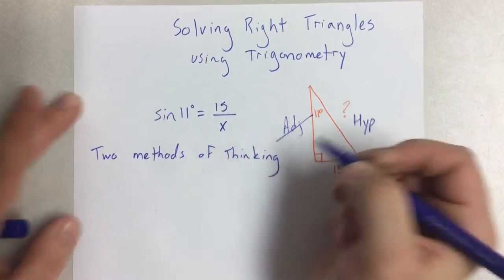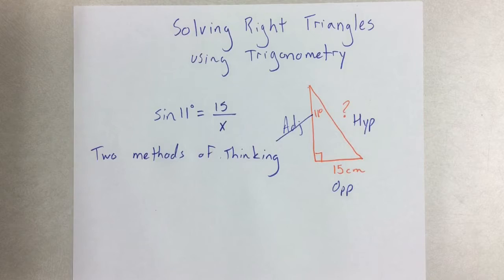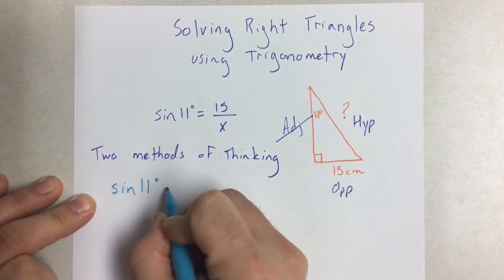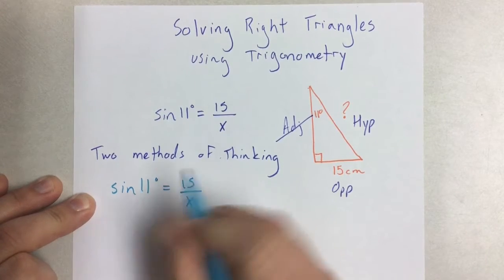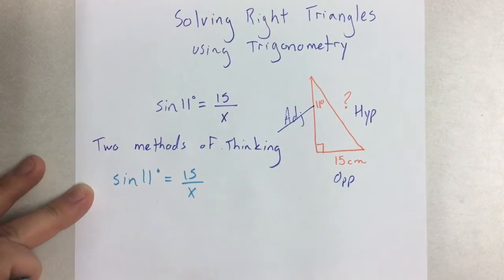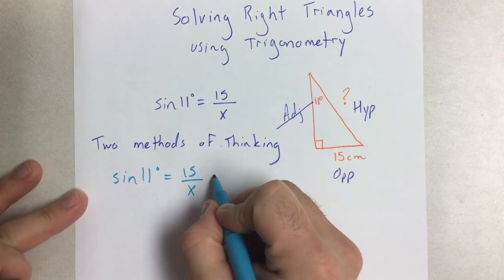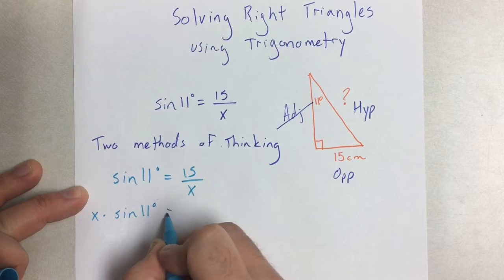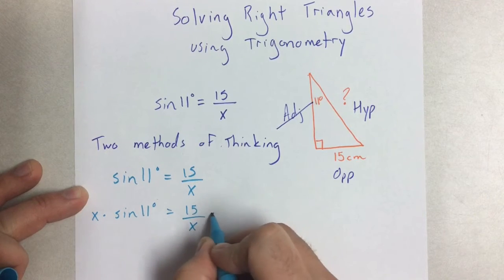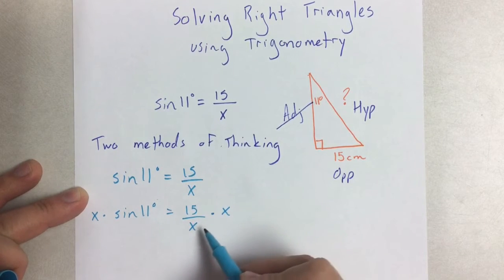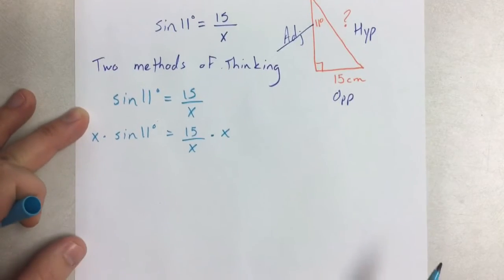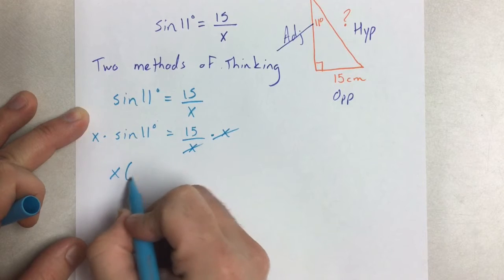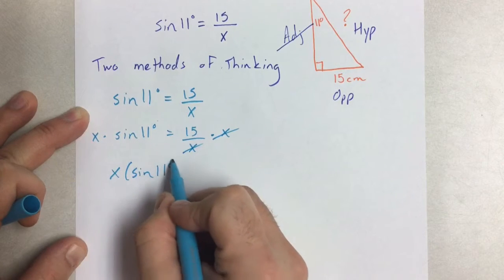Okay. So the first way of thinking of this is, let me write this down, sine of 11 degrees is just like an algebra equation where I'm dividing by x, so I need to multiply both sides by that value. Again, the idea of multiplying by x is so that I can remove our fraction. So I'll leave us with x multiplied by sine of 11 degrees.